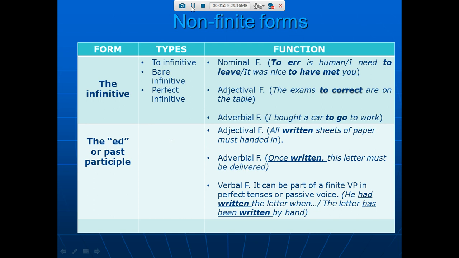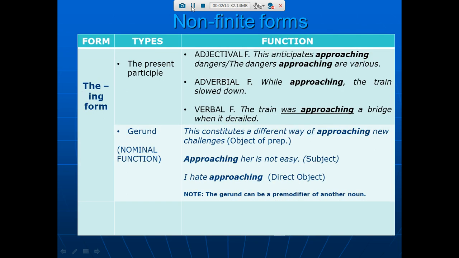By verbal function, I mean that they can be part of a finite verb phrase in perfect tenses or passive voice. He had written the letter when... so written would have verbal function in this case. But let's concentrate on the ing form, our main focus of attention today.